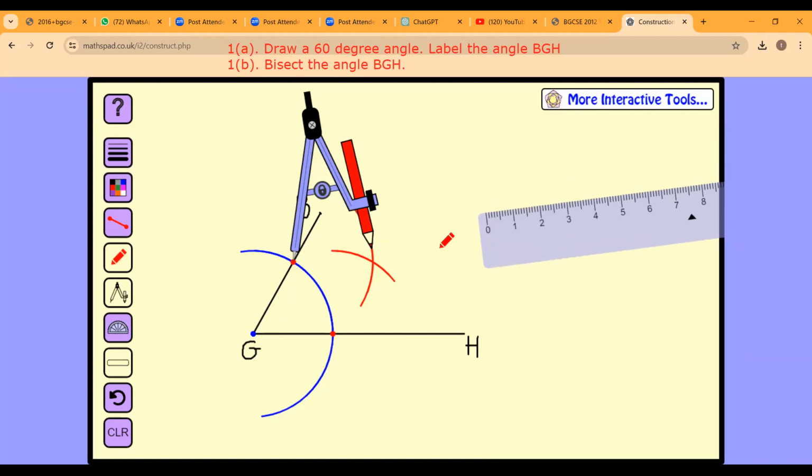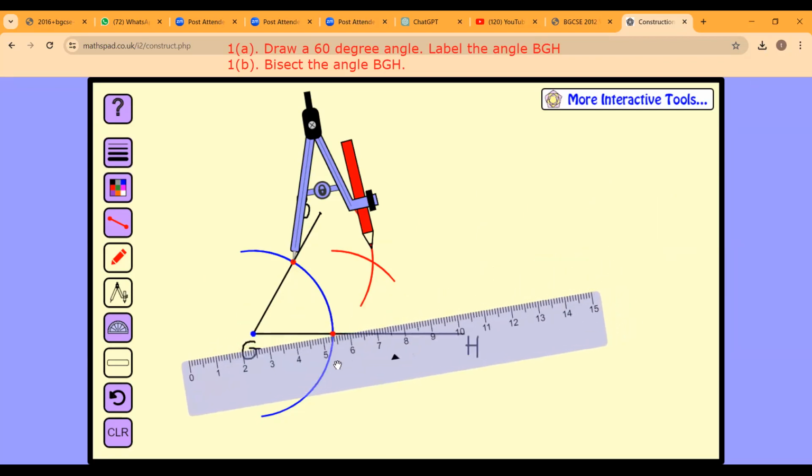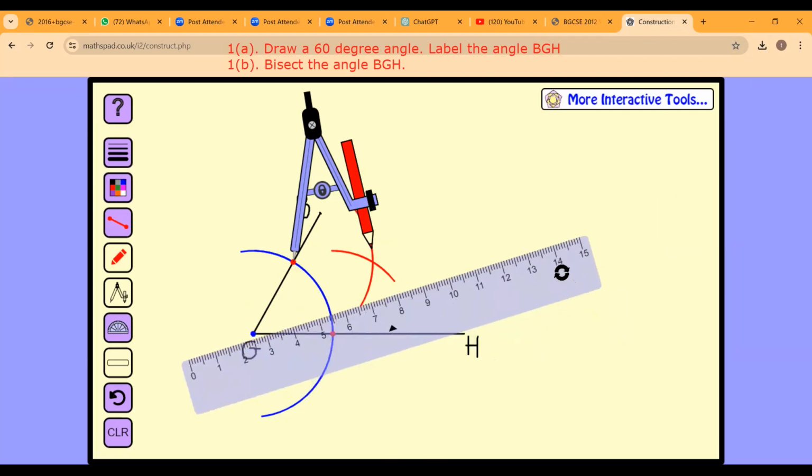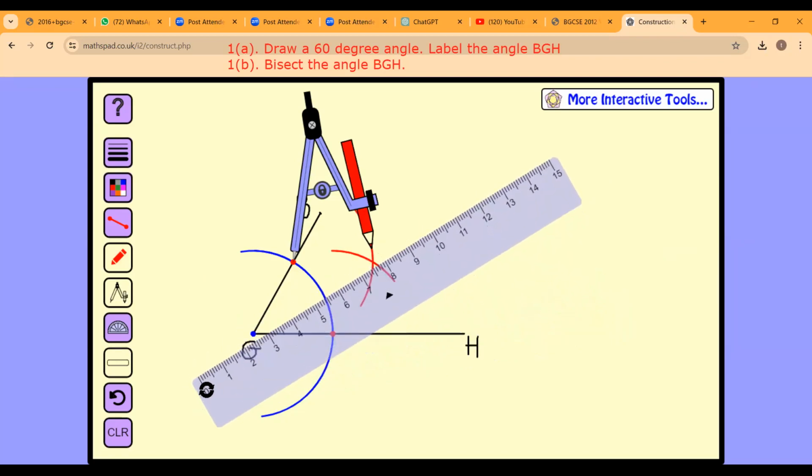In order to draw this line, we need to use a ruler. So let's go ahead and use a ruler to draw this line from here all the way to there. It must connect the vertex with the intersection of the two arcs.